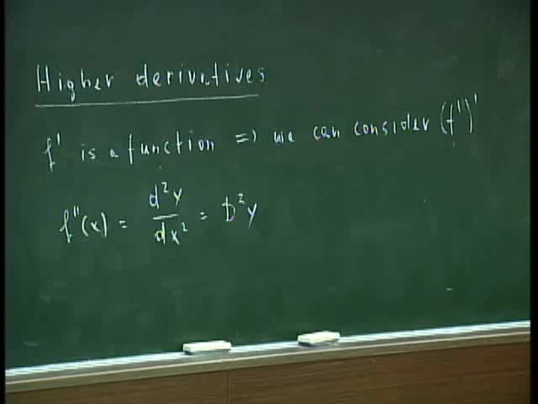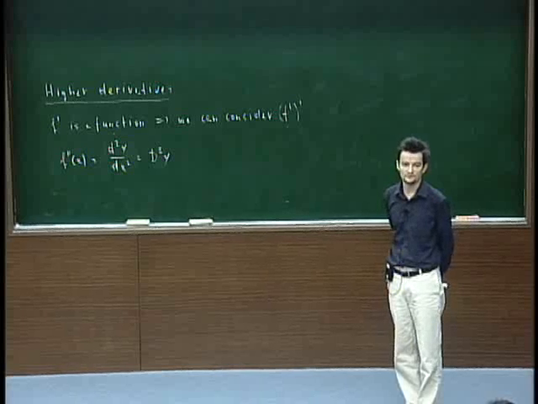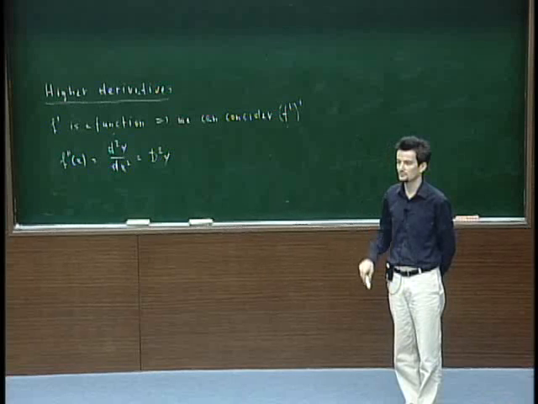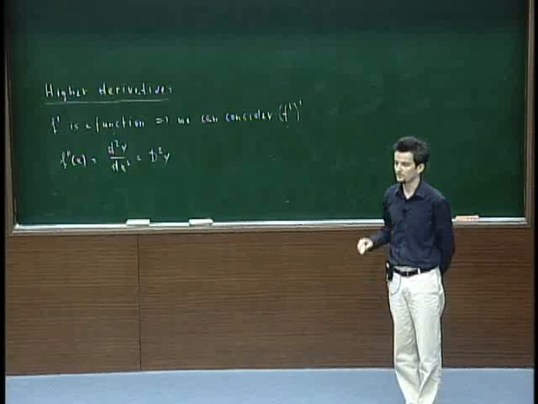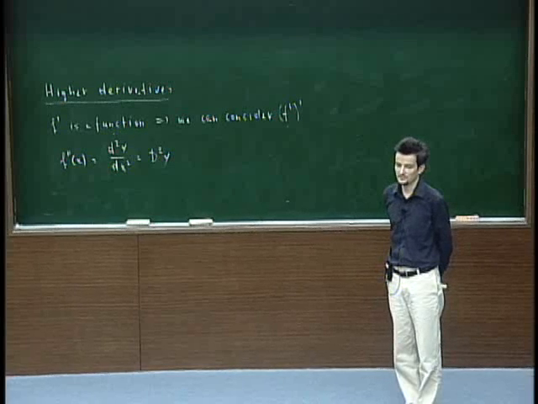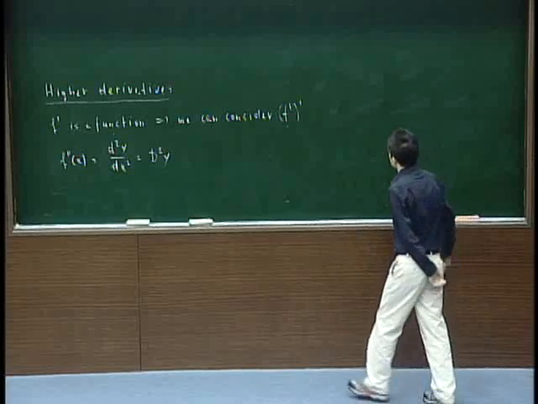You have discovered this already in high school. For instance, if you have the position function, then the first derivative is the velocity, the second derivative will be the acceleration. And the second derivative is actually the rate of change of the rate of change of the function.